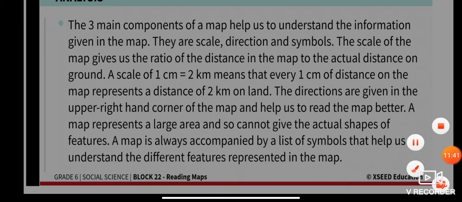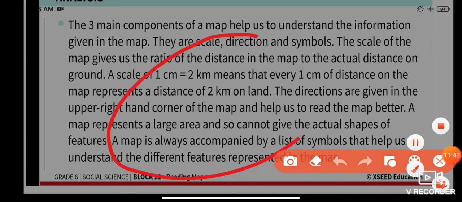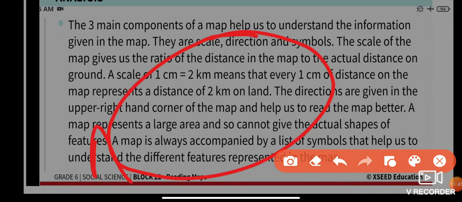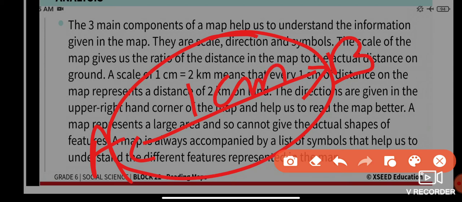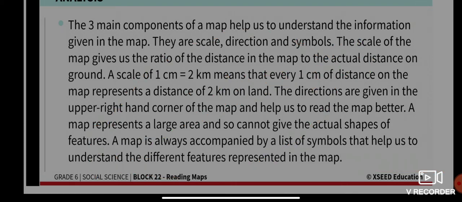Suppose we are to draw a map, and the distance from A to B is 1 centimeter. Remember, it means 2 kilometers on the ground. Because if we were to write 1 kilometer, we cannot fit it on a piece of paper, right? So in order to shorten the length, we use 1 centimeter.